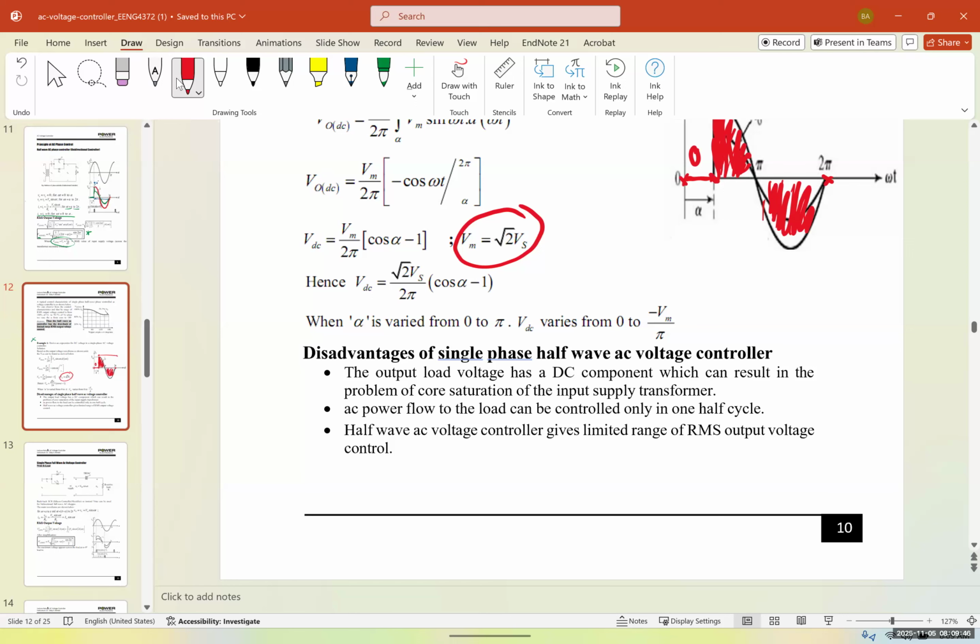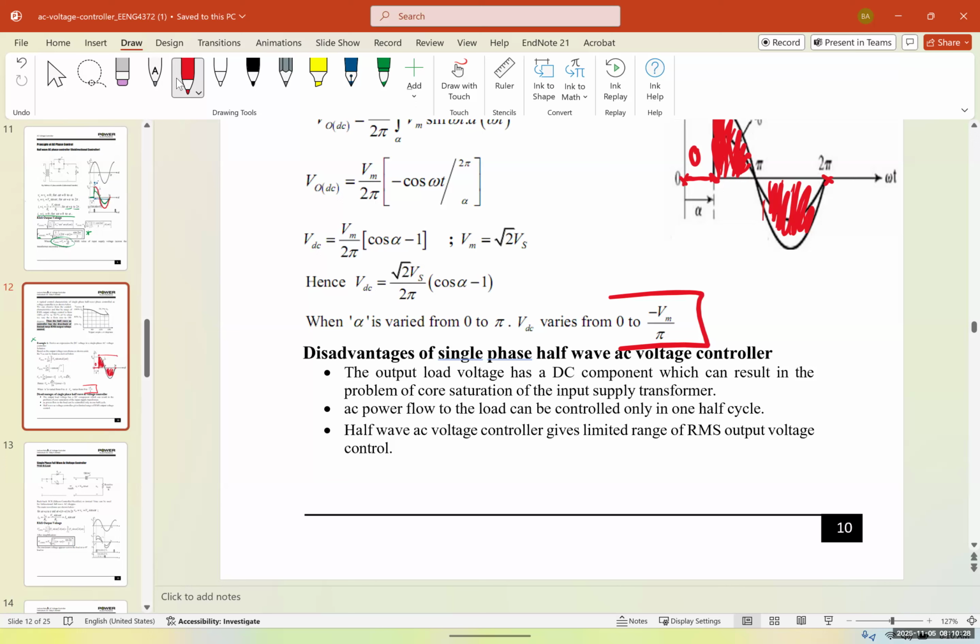Now, when alpha varies from 0 to pi, then VDC varies from 0 to negative Vm over pi. If you just replace alpha with 0, cosine of 0 gives us 1, and 1 minus 1 is 0. 0 times square root of 2 Vs over 2 pi gives us 0. And when alpha is pi, for example, cosine is negative 1.